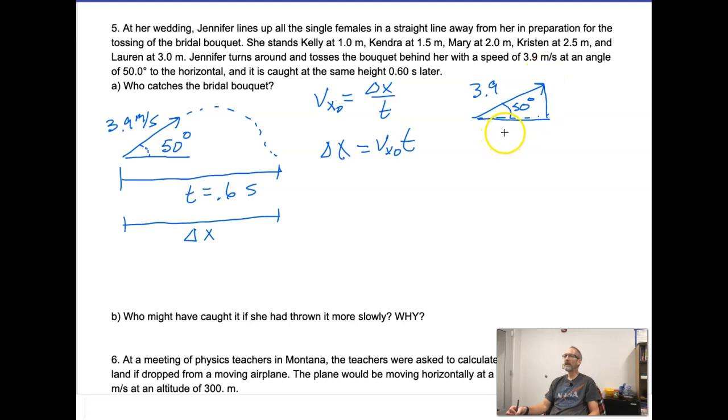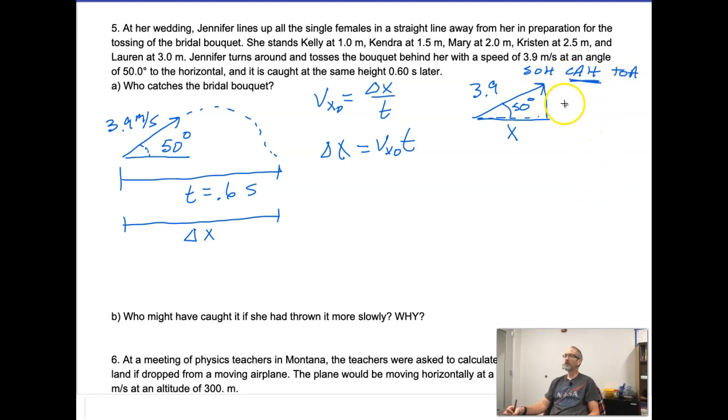We want to find out what is the speed in the x. If we know the speed in the x, we can multiply that times time, and that'll tell us how far away she throws that bouquet. This is the adjacent side, and so remember SOHCAHTOA. We're going to use cosine.